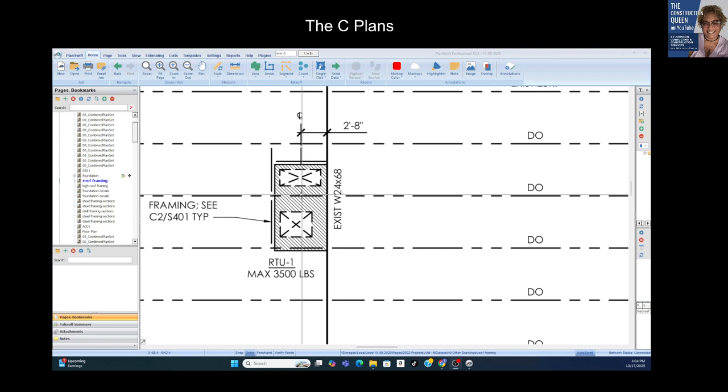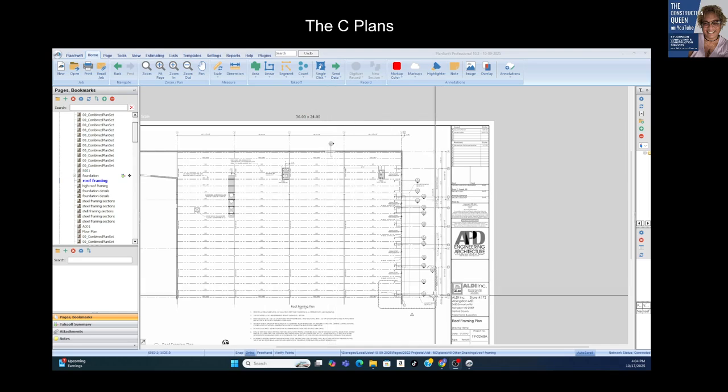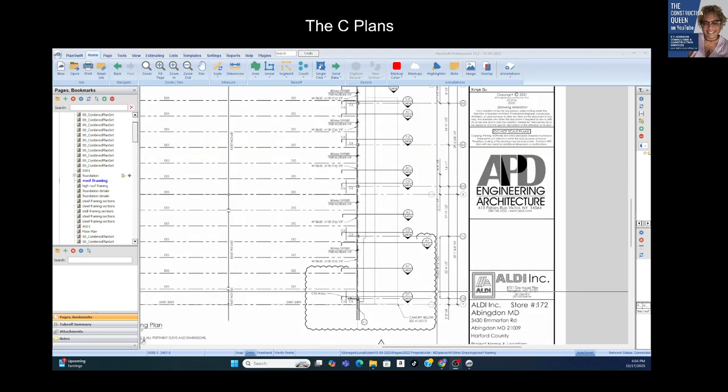So I can measure that if I needed to determine something, or it doesn't show me the size of my 90 or whatever that I need to go up into the supply grill or the return grill. I could go to the structural set and make a measurement and be close enough, right? So that's why it's important to know how to read every set of plans.